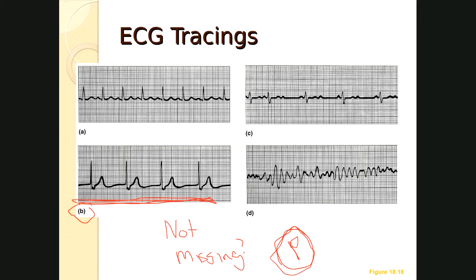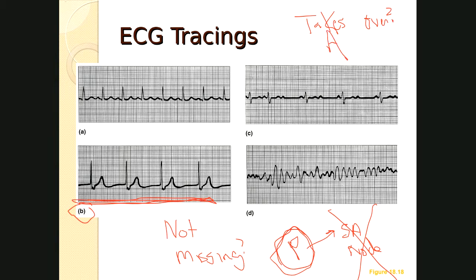What is the P wave? The SA node. That's exactly right. So this person, their SA node is not working. Well, remember, if you mess up the SA node, the heart doesn't stop beating. Somebody else takes over. Who takes over if you get rid of the SA node? The AV node. That's exactly right.